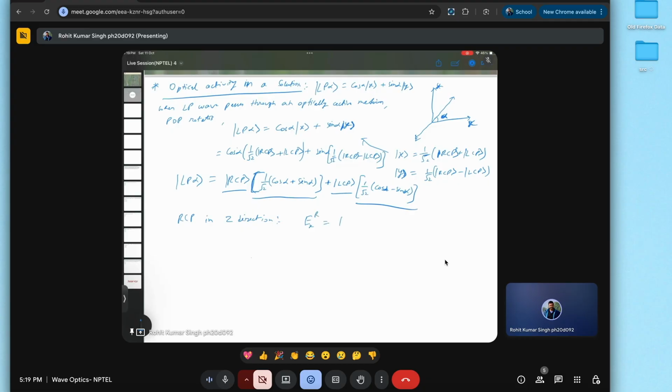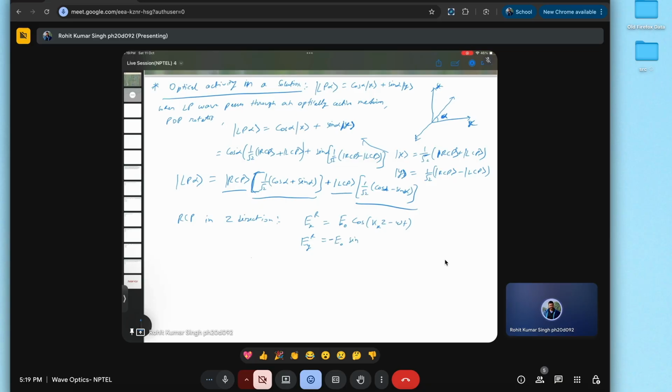The x direction field is given like this: cos(k_R z minus omega t), and the y component is given like this.